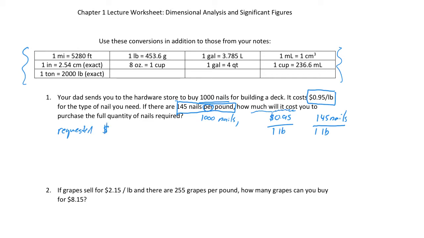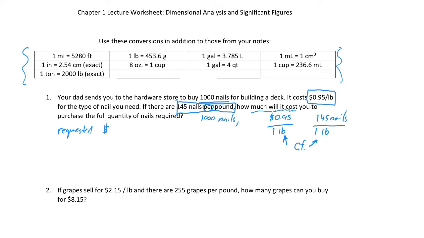So what we're going to do is look at each of these things and decide, is that a place where I would start my setup, or is that a conversion factor? And you might remember what I was saying in a previous lecture video was that whenever you have a ratio, that's a perfect opportunity to find a conversion factor. So both of these, I'm going to abbreviate conversion factor CF, would serve as excellent conversion factors because they are ratios.